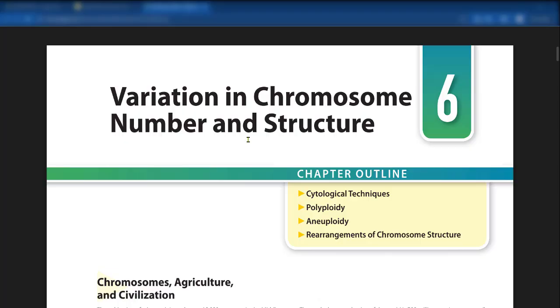And of course, we know now that that's the DNA that's located on chromosomes. And so we introduced that in the previous chapter. This chapter talks about what happens if the chromosome number and structure changes and how we can detect that.